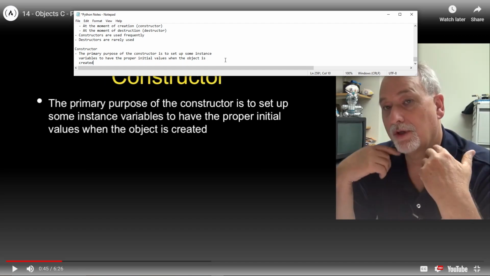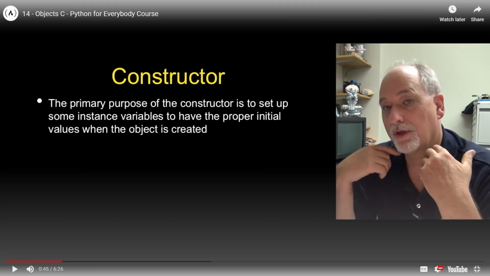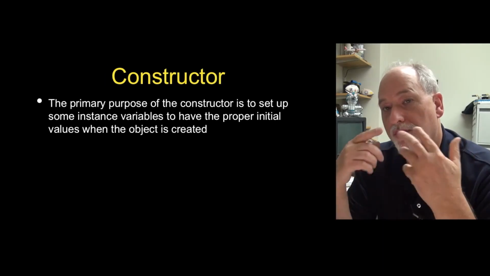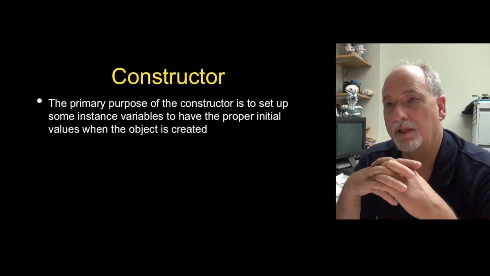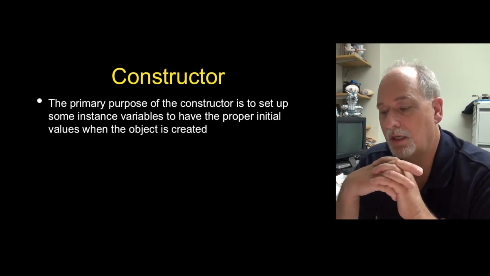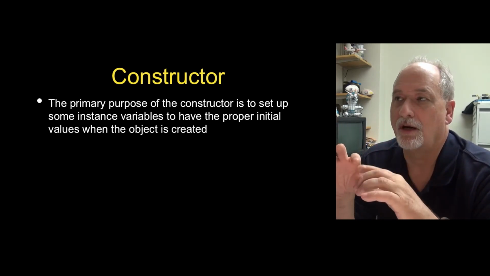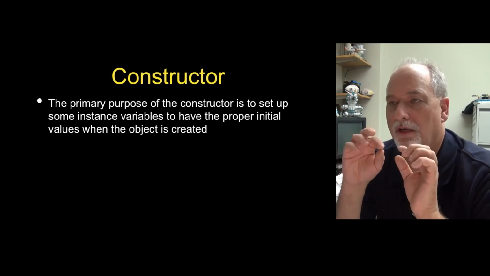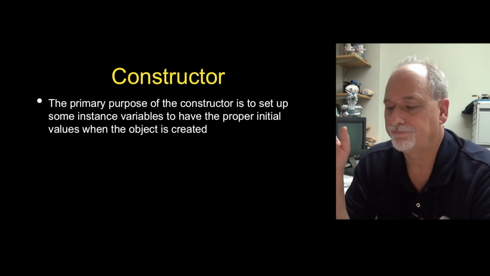So those are the initial values. I said the constructor is much more commonly used. It's used to set up any initial values of variables if necessary. Destructors we'll cover, but they're used very rarely.